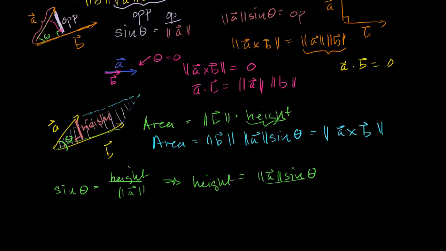The cross product of two vectors, or at least the magnitude or the length of the cross product of two vectors. Obviously, with the cross product, you're going to get a third vector, but the length of that third vector is equal to the area of the parallelogram that you can create from those two vectors.